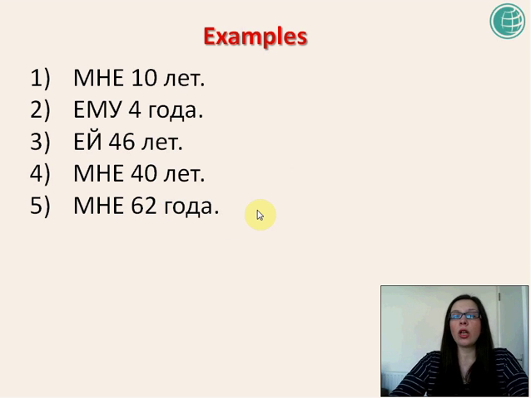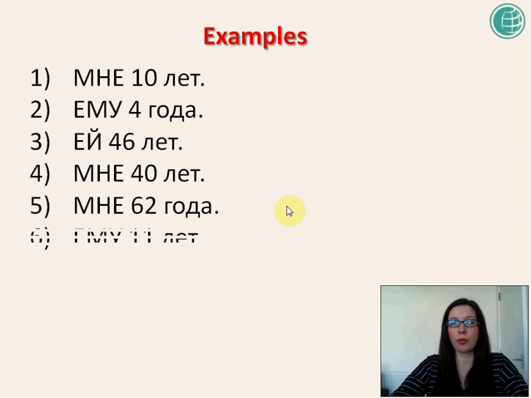I ask сколько вам лет in a polite way because it's obvious that this person is quite mature and older than you. Сколько вам лет? How old are you? Мне 62 года. I am 62. And you remember numbers 2, 3, 4, you will need to use года.